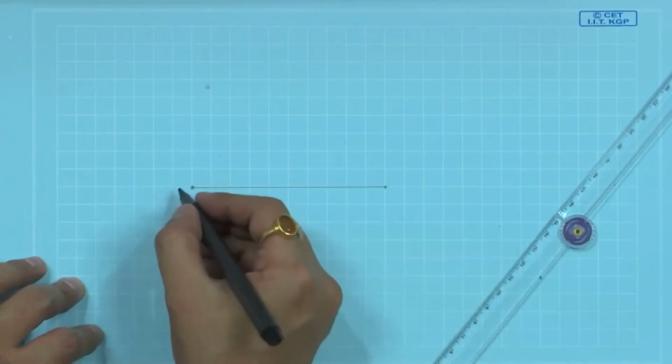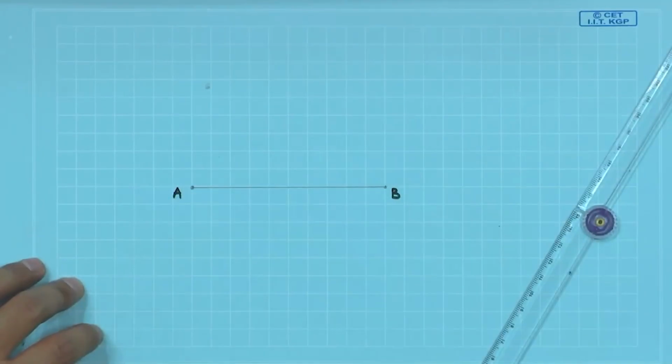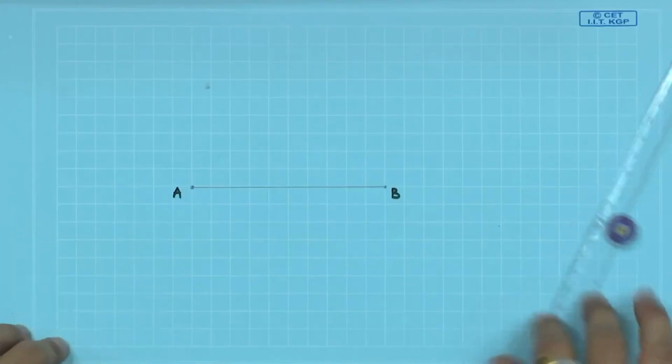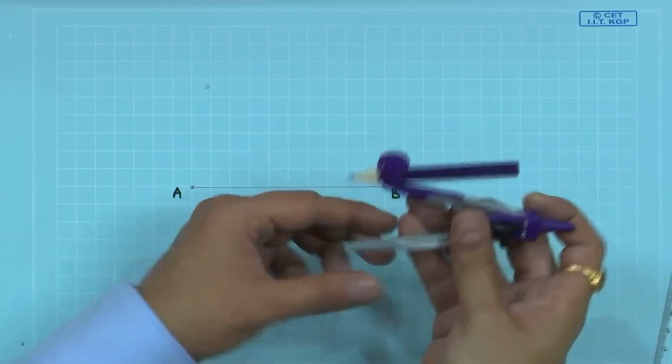Let us call them A and B. Then we have to look at the center, which bisector we can use.